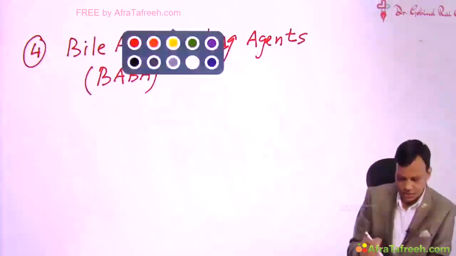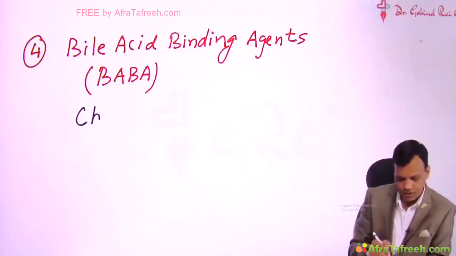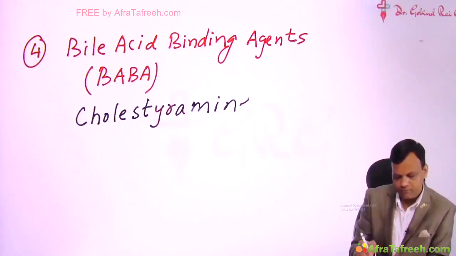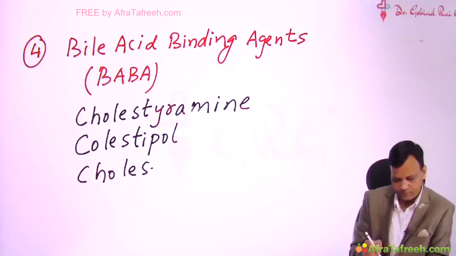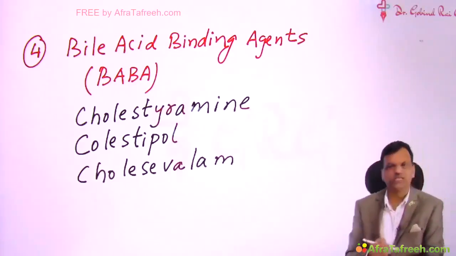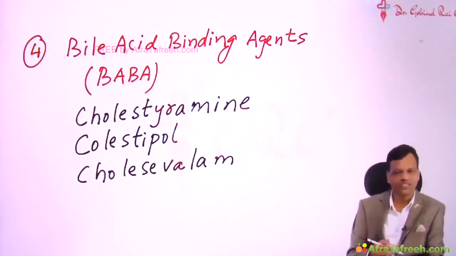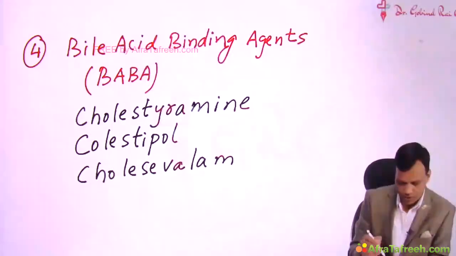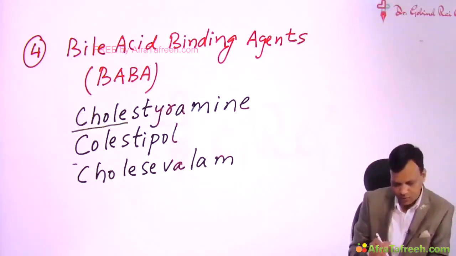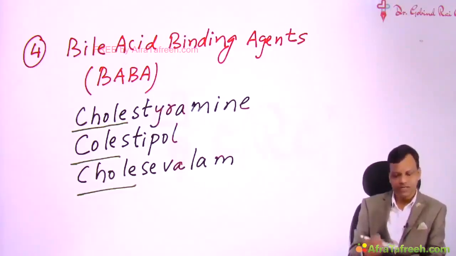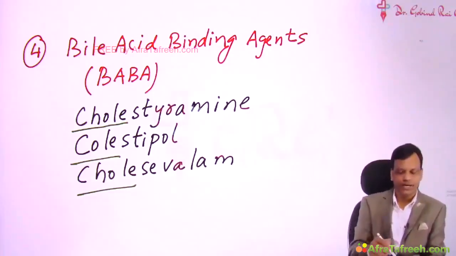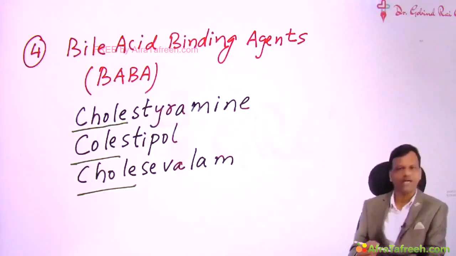The examples of these drugs include cholestyramine and cholecalciferol. From the name you can remember, their names start with chole, and we know chole is related to bile. Cholelithiasis, cholecystitis. So similarly, the drugs whose names start with chole, they are related to bile. So they are called bile acid binding agents.